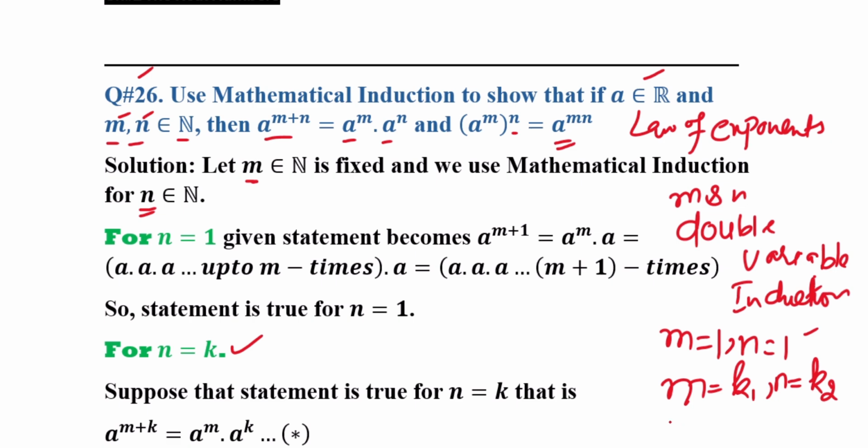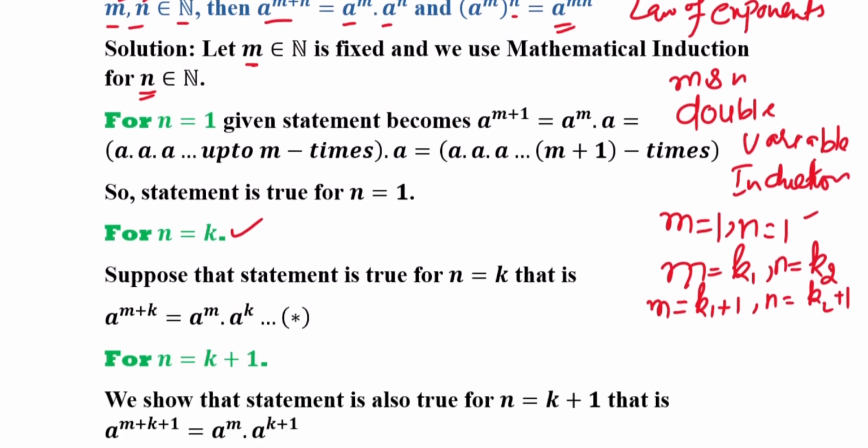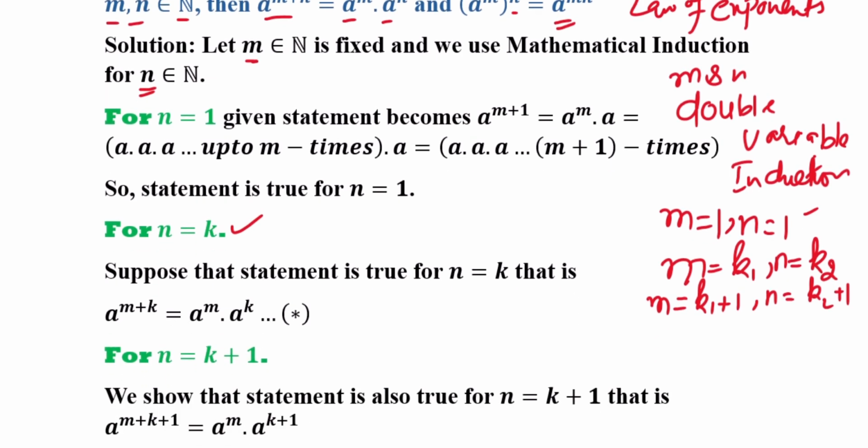And then at the inductive step, you will prove this statement is true for m is equal to k1 plus 1 and n is equal to k2 plus 1. But this becomes very complicated. So the best strategy to solve this question is to fix one of m or n. So let m be fixed and we use mathematical induction for n.